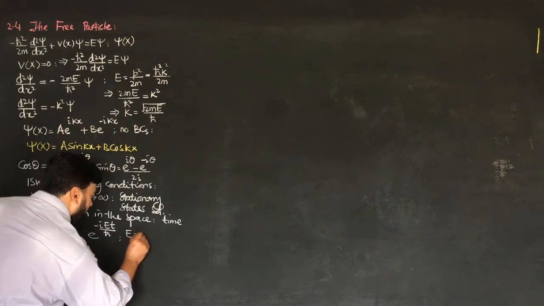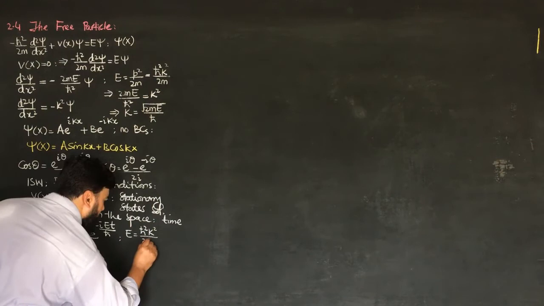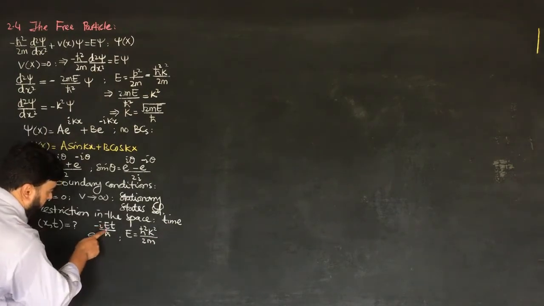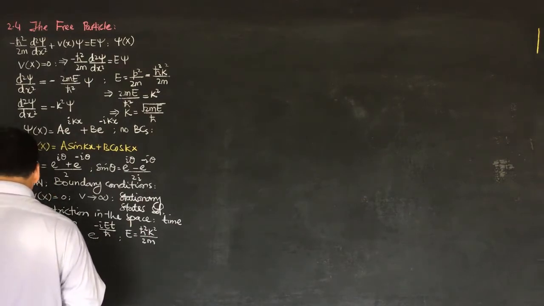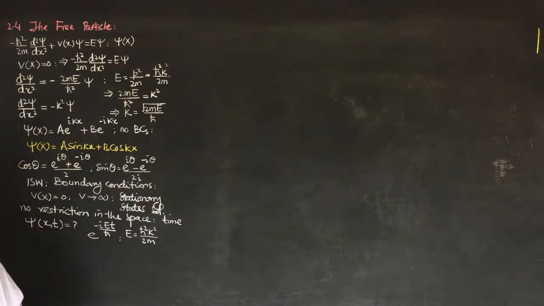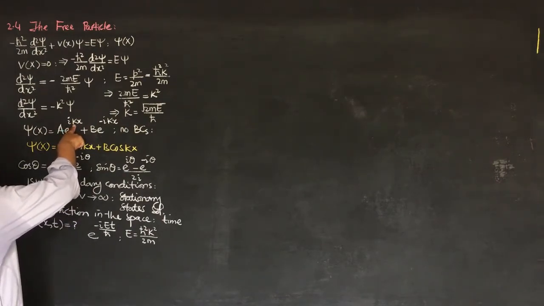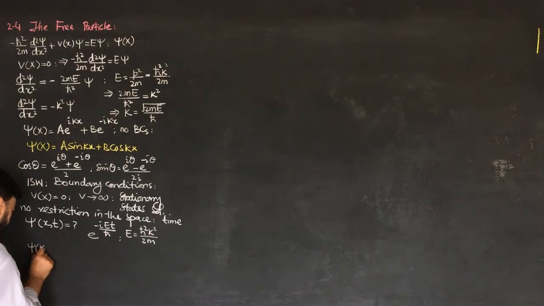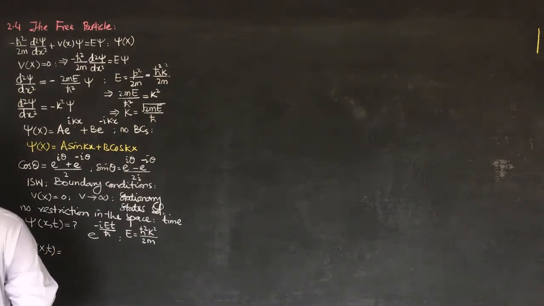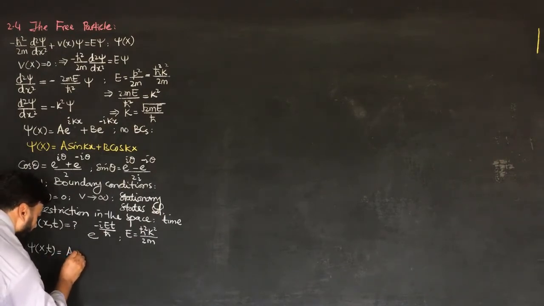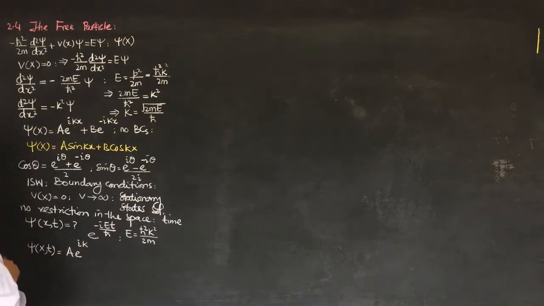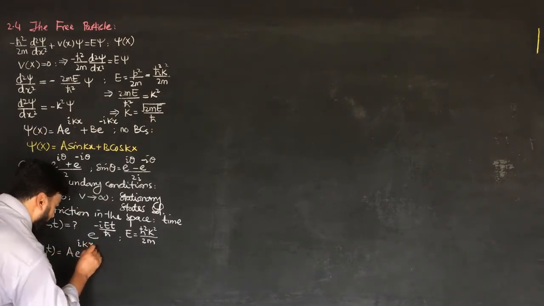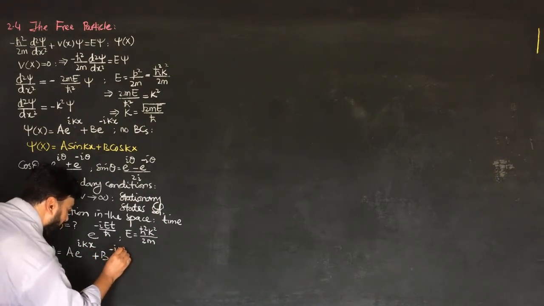So E is h bar square k square over 2m, and this will actually make the result that h bar will simplify, and the equation will become psi of x,t equal to A e to the power i k times (x minus h bar k t over 2m) plus B e to the power minus i k times (x plus h bar k t over 2m).